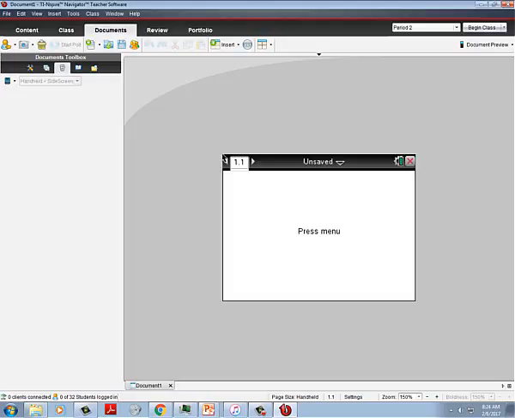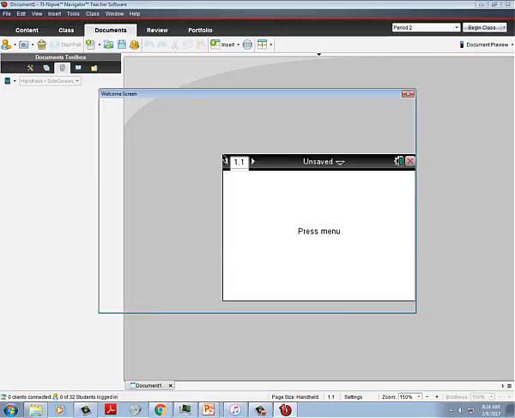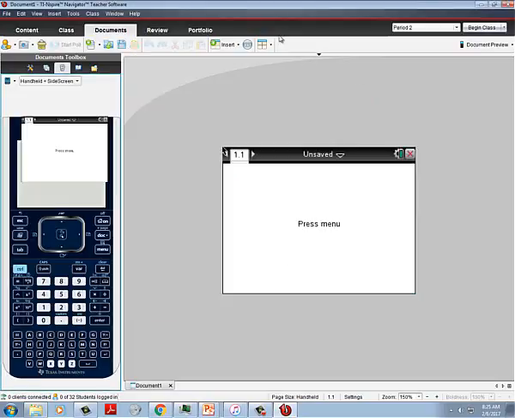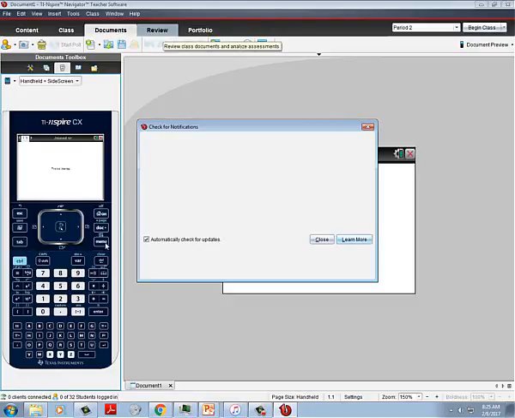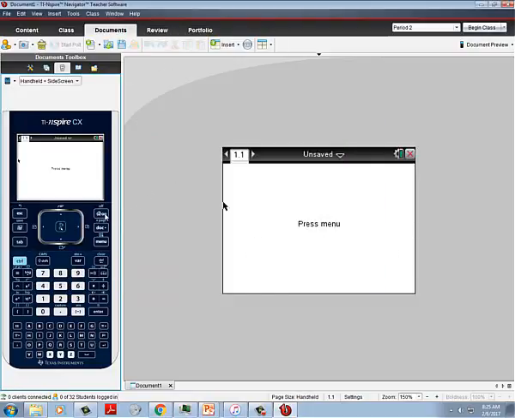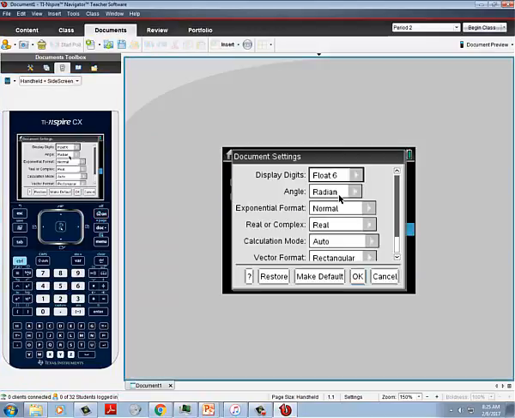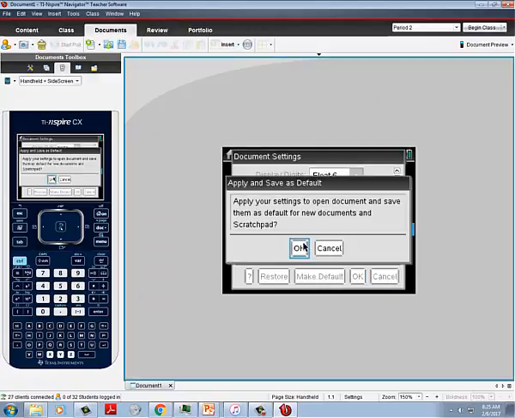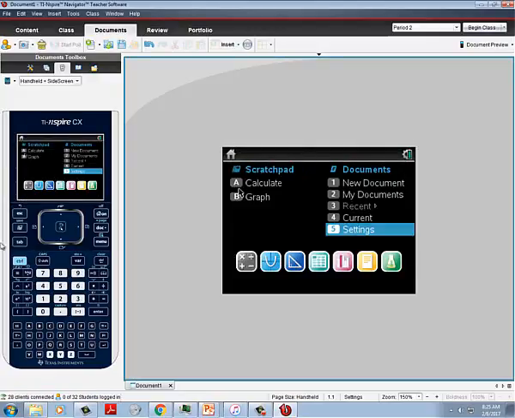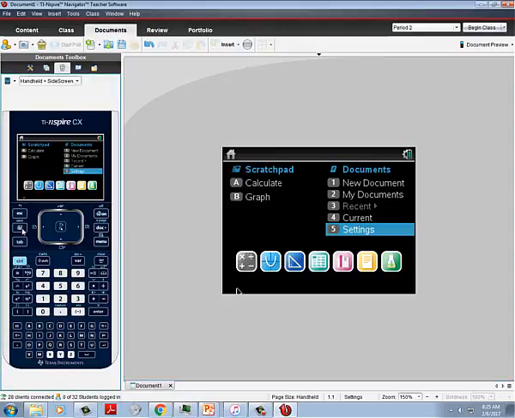And if you scroll down, oh, here it is. First of all, I have to check my mode, because I'm pretty sure I'm in radians. Home, settings, dock settings. Yep, I'm in radians. Go to degrees, make default.